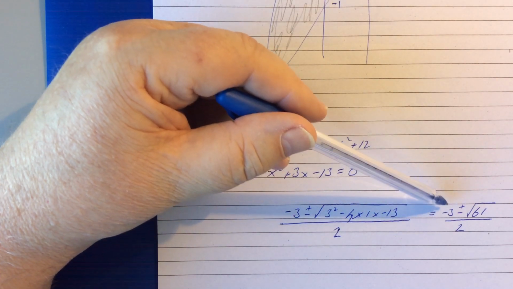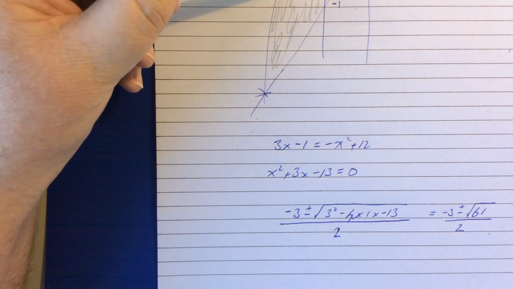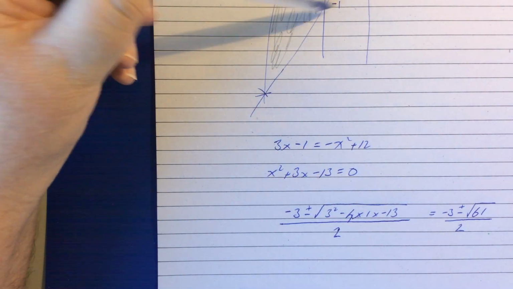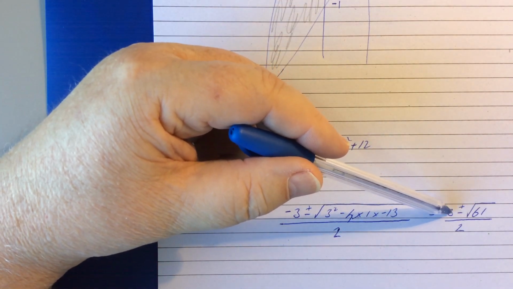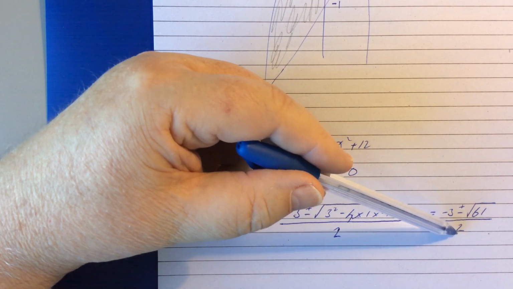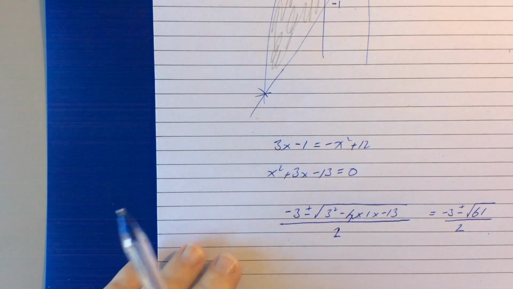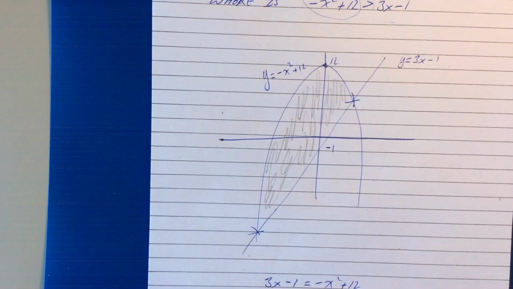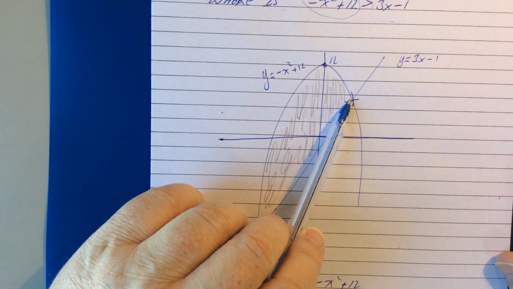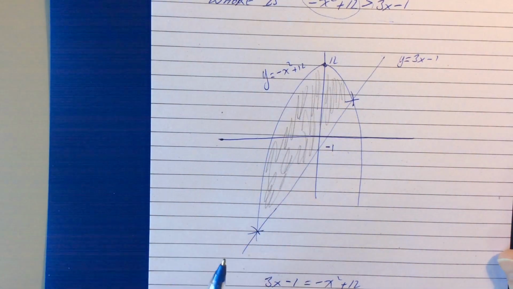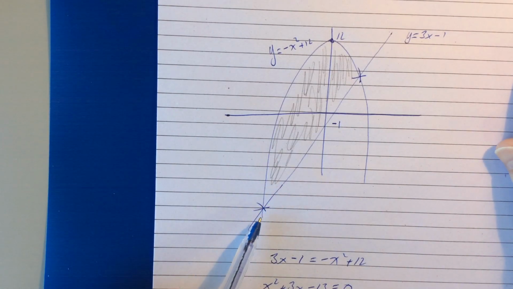And my answer turns out to be that the points of intersection on this graph that you were looking at earlier are at negative 3 plus or minus the square root of 61 all over 2. That means that this value here is negative 3 plus root 61 over 2. And this value down here is negative 3 minus root 61 over 2.